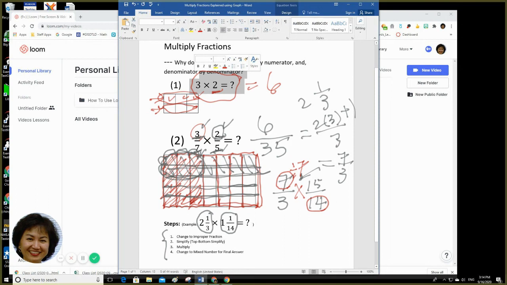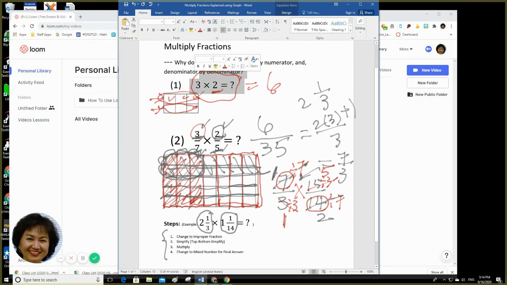Both divided by 7. So this 7 becomes 1. This 14 becomes 2 now. Then we divide this top 15 and this bottom 3, both by 3. So this 3 divided by 3, we get 1. This 15 divided by 3, we get 5.